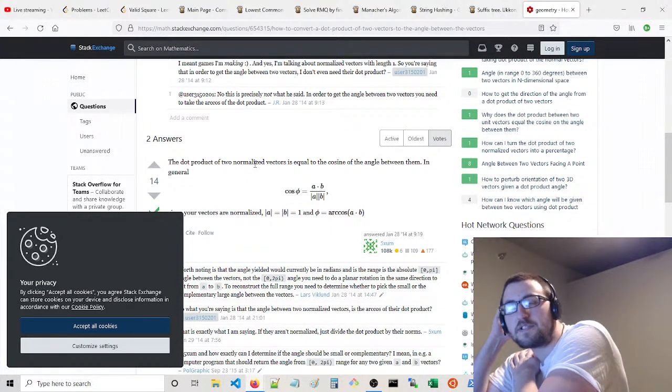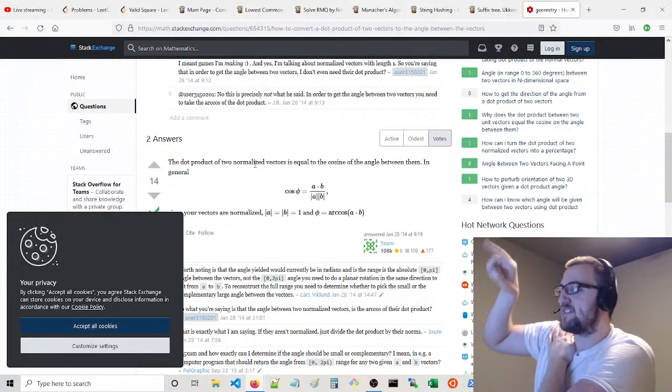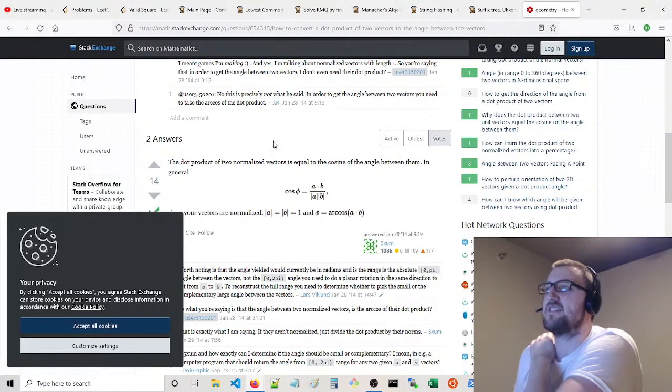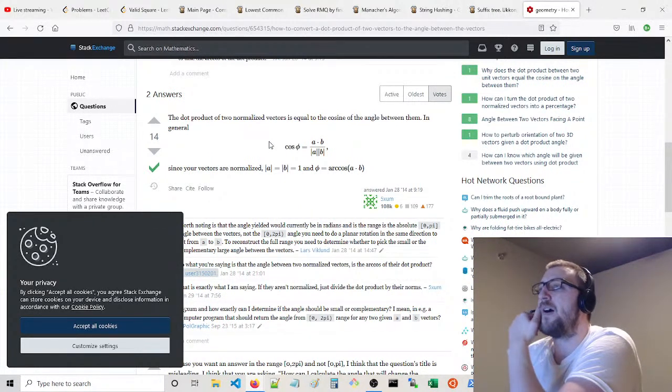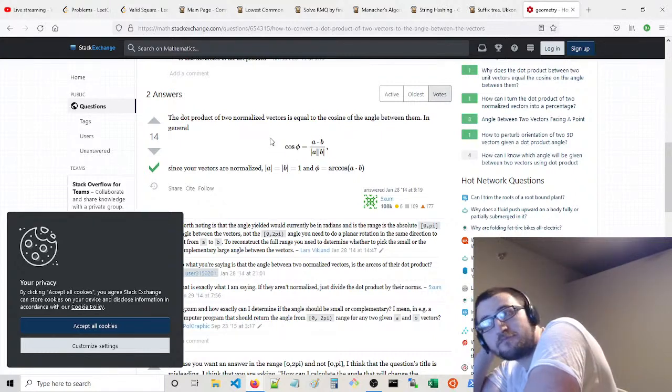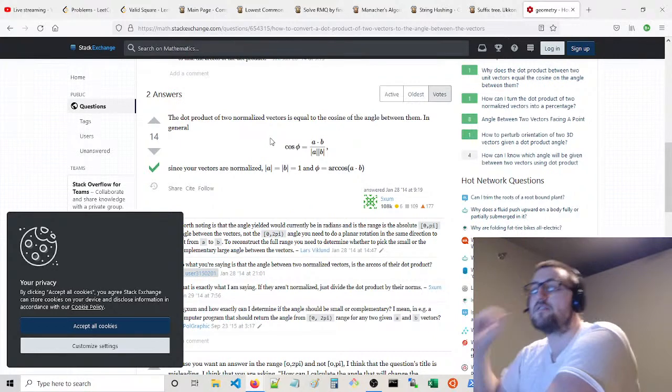That's pretty interesting. So we have A, B, C, and D, and we'll use arc cosine. If the vectors are normalized, then it's the arc cosine of A dot B. So we can normalize the vectors.